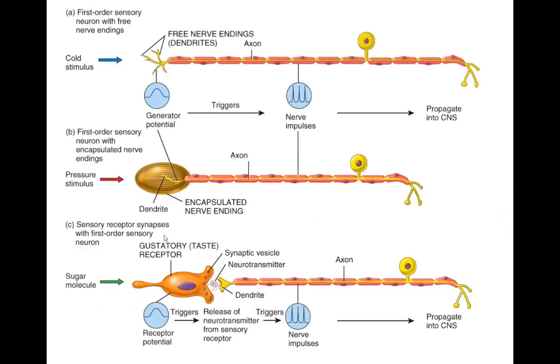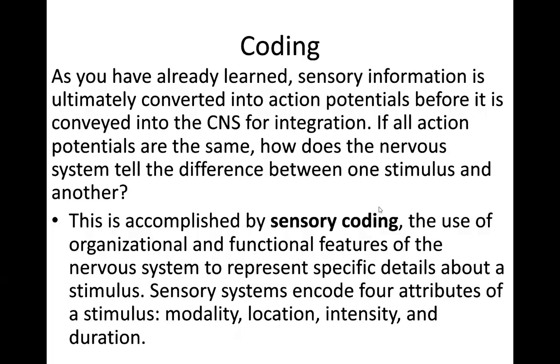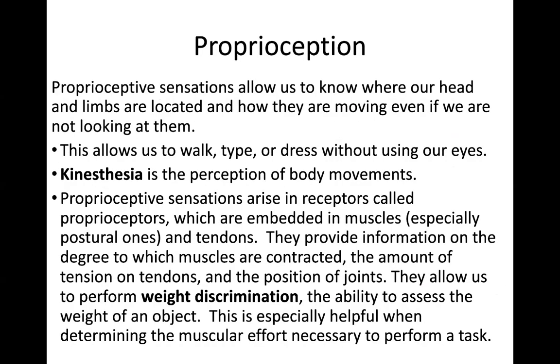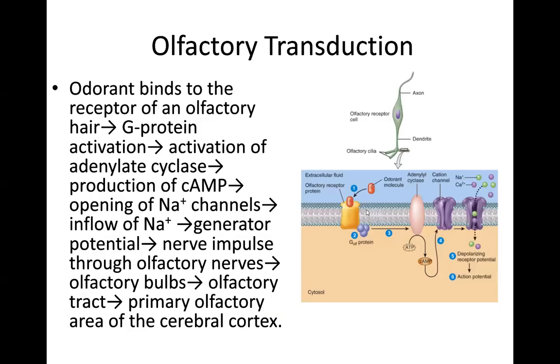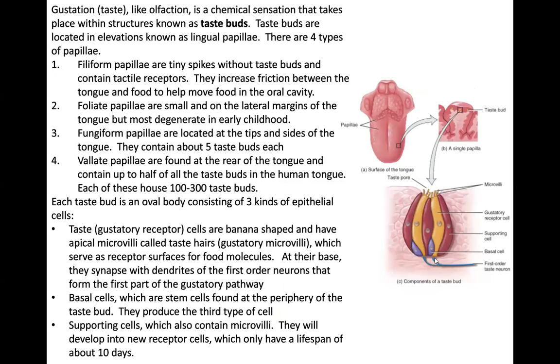That was one of these taste cells or gustatory receptor cells. They become activated, releasing neurotransmitters that then activate and create action potentials or nerve impulses in the first order neurons. If we look at our illustration, you can see here at the bottom are the first order taste neurons that would be synapsing with these gustatory receptor cells.